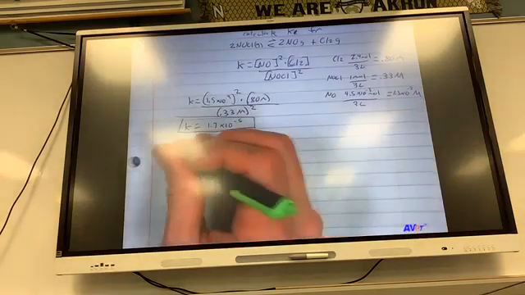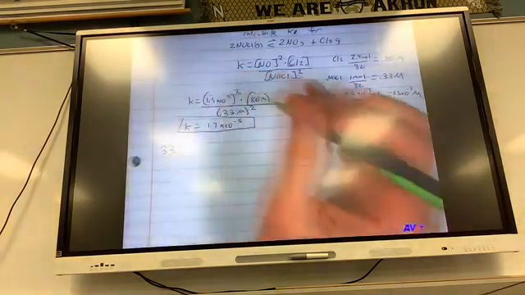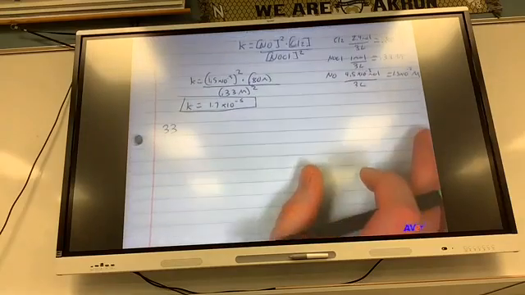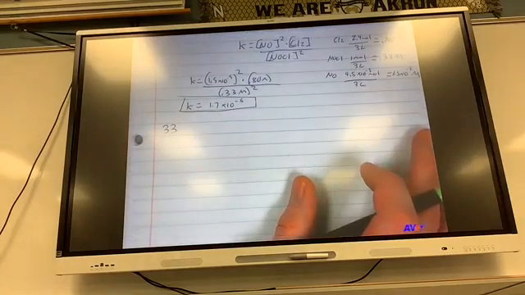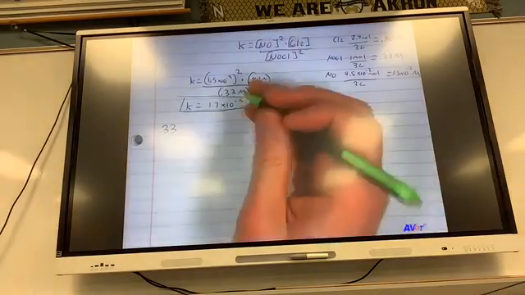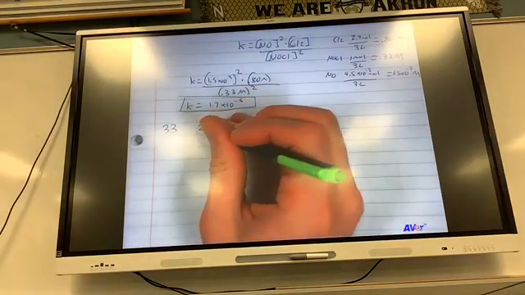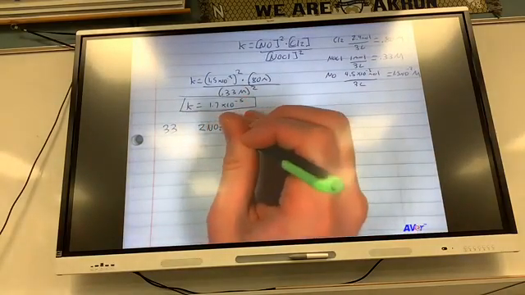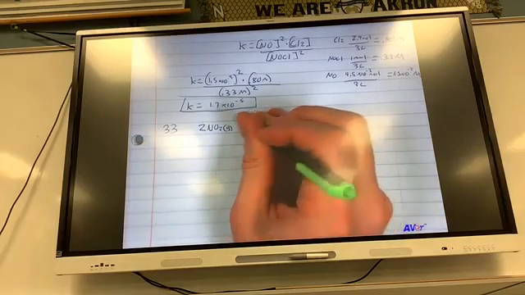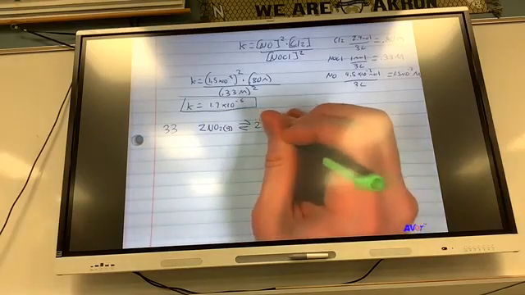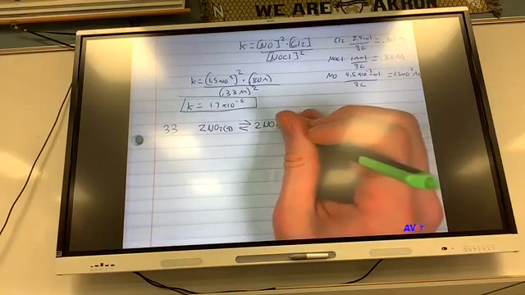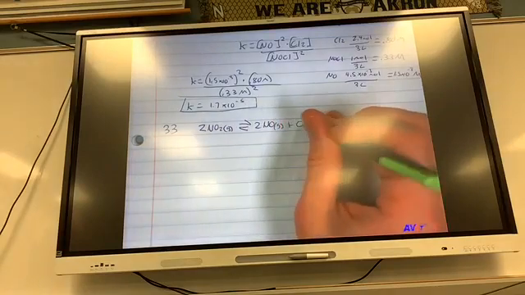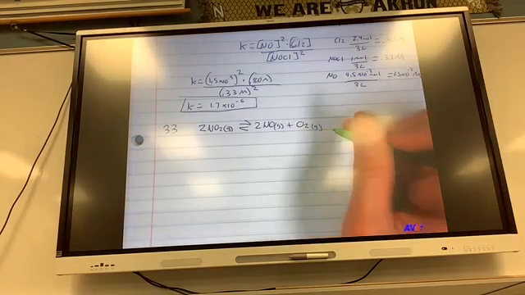33. All right, finally a Kp. On 33, the following equilibrium pressures at a certain temperature were observed. So this reaction is 2NO2 gas is in equilibrium with 2NO gas plus O2 gas.